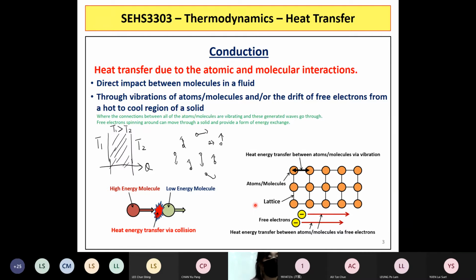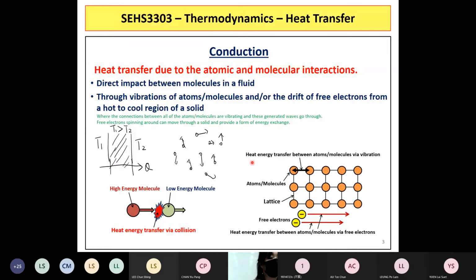Also, in a solid, we always have these free electrons spinning around, and these free electrons can move through the solid and provide a form of energy exchange. So in a solid, conduction happens by two approaches.